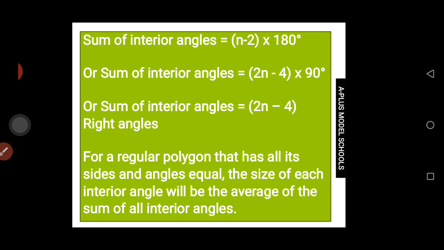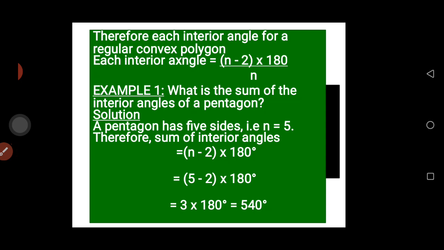For instance, in the previous page, we found the sum of angles in a quadrilateral to be 360 degrees. So if I want to get each of the angles, I will just divide 360 degrees by 4. And that will give me my answer, which is 90 degrees.